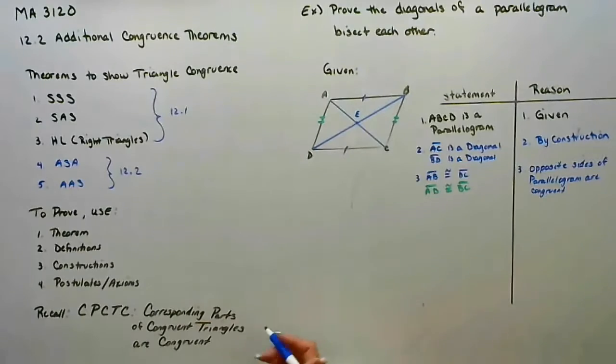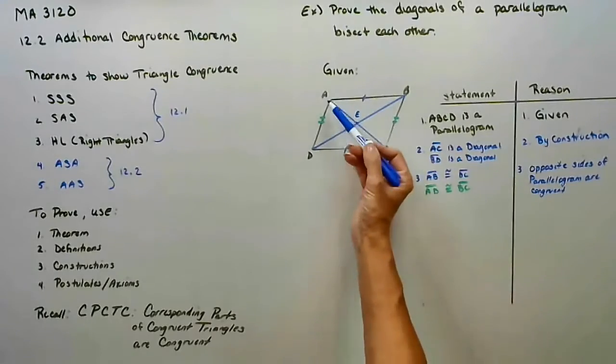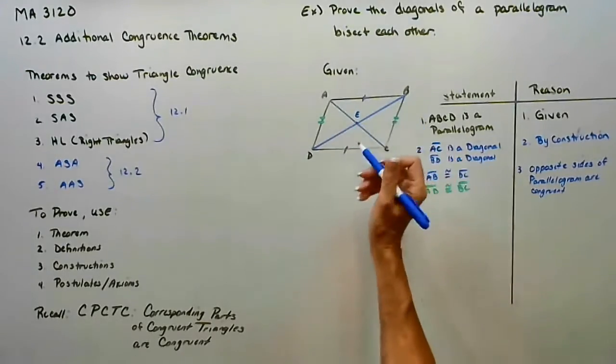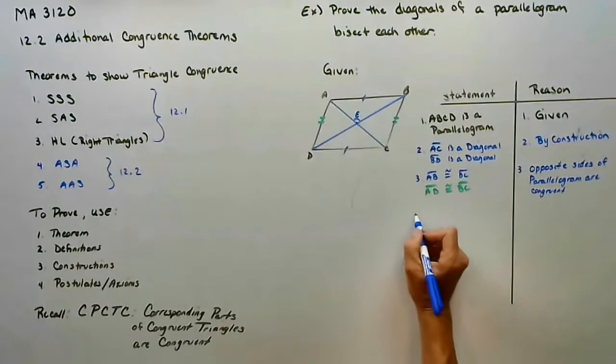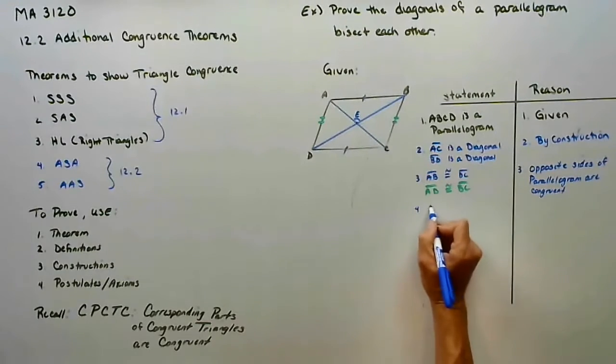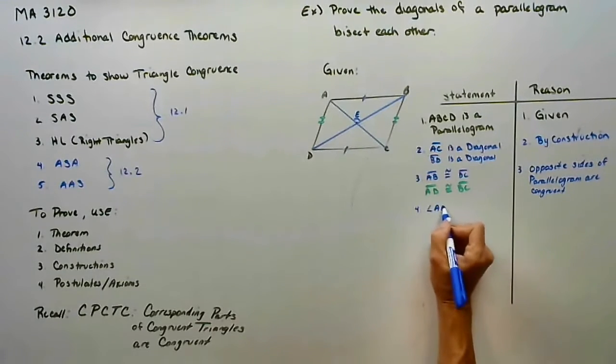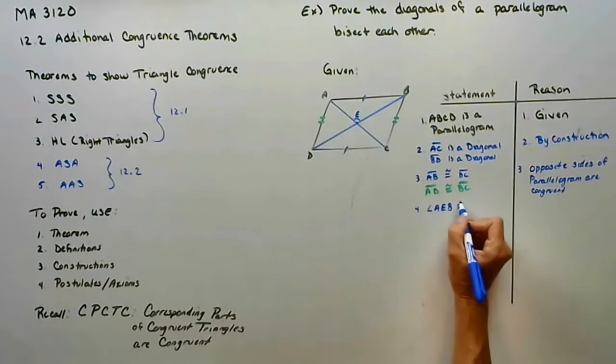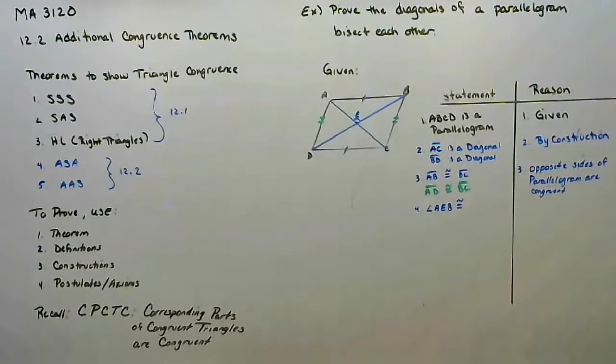All right? So let's start with, if I started with this one, triangle AEB. Let's go with angle AEB. What angle is angle AEB congruent to?